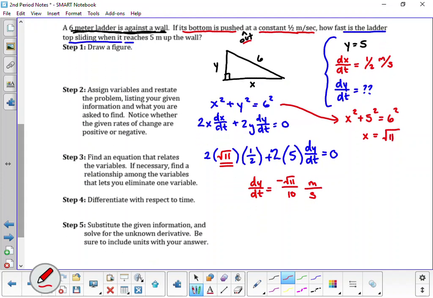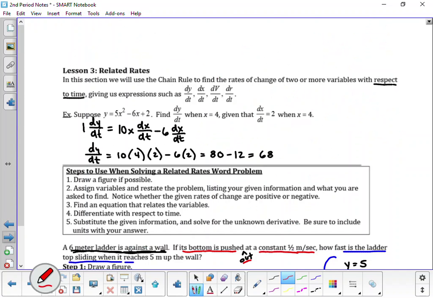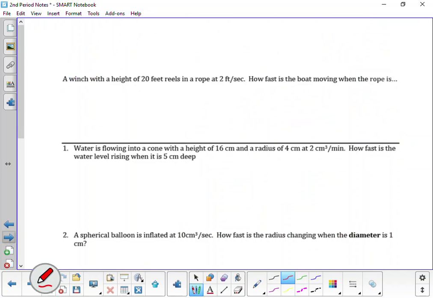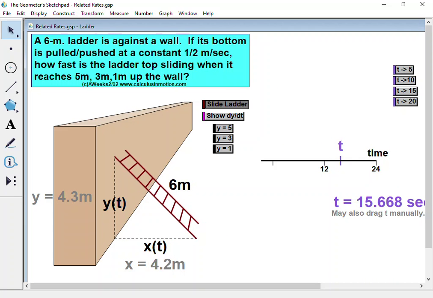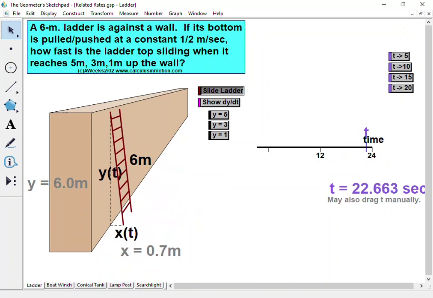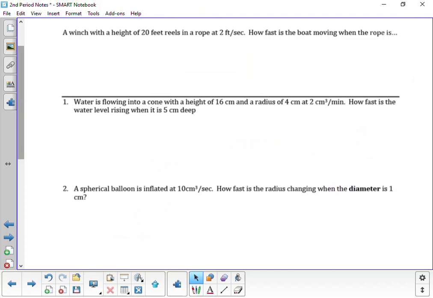All right, I want you to try the next one because it's kind of similar. With the winch, I'll show you a picture so that I'll help you visualize. But I forgot to give you a value for how fast the boat is moving when the rope is, and then I said dot dot dot.